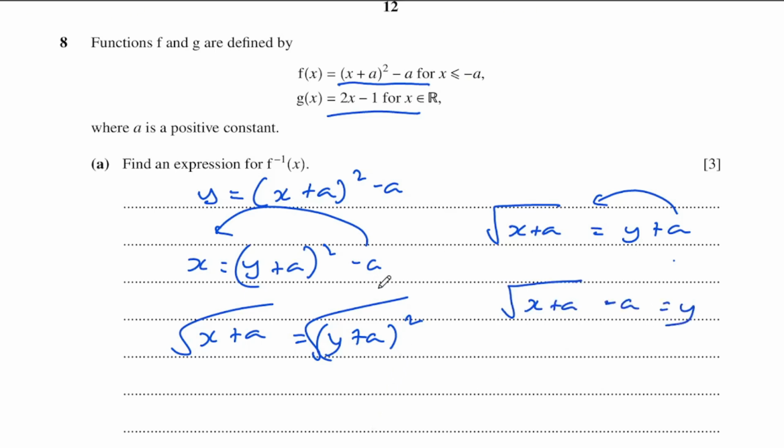The only thing that's remaining to know is whether the sign on the square root is a plus or a minus. And I said this in my video that if it is a less than or equal to, it's going to be a minus. If it's a greater or equal to, it's going to be a plus. And so this is a less than or equal to, that means this is going to be a minus sign. Y equals negative root x plus a minus a, and that's going to be your inverse for this.